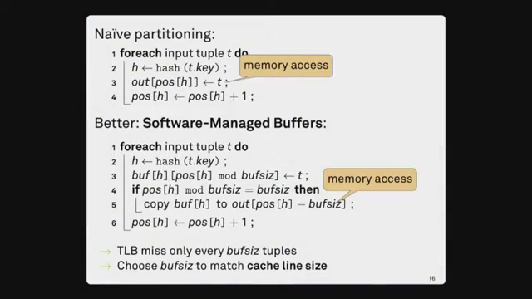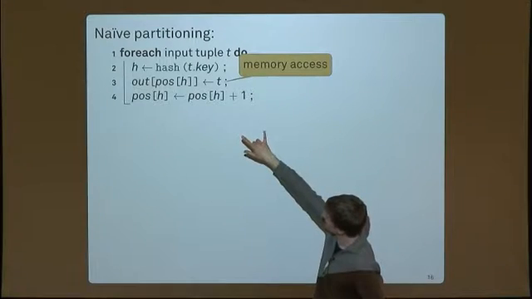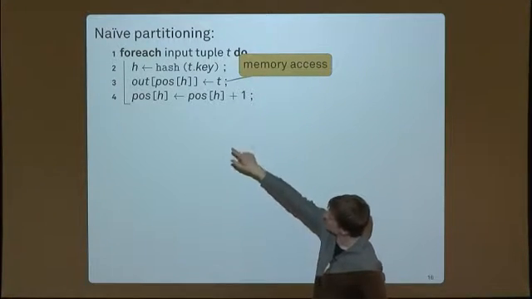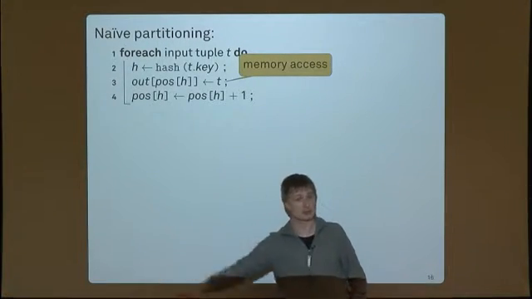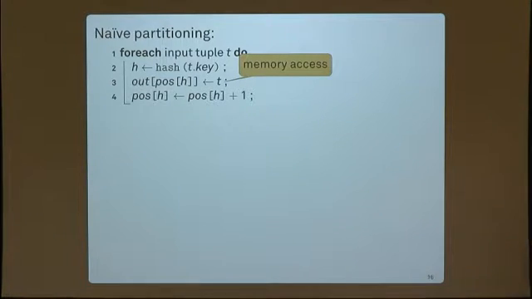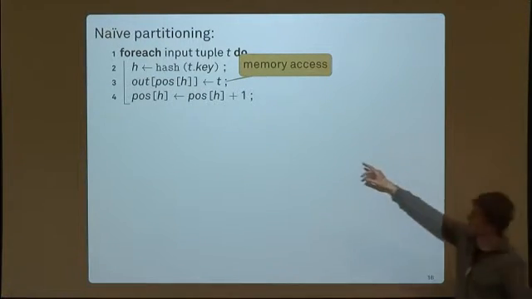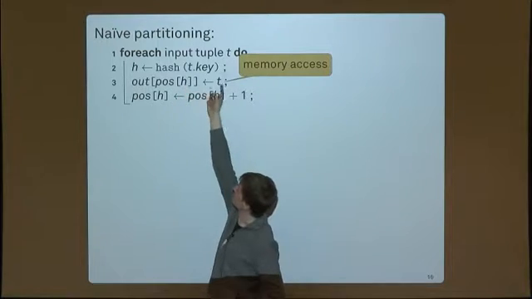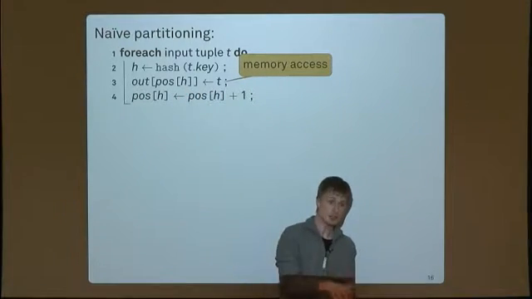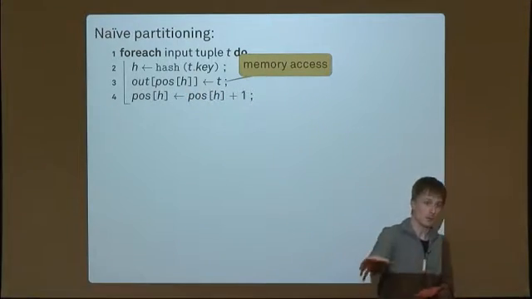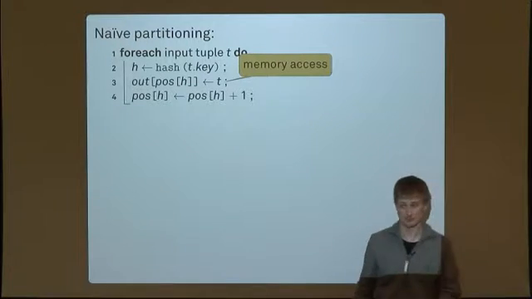The trick here is that, so this is how you implement partitioning naively. You take a key, hash it, and then just write it where it belongs. Okay? This is always a write, right? And for that, you need a TLB entry for writing that element out to memory.